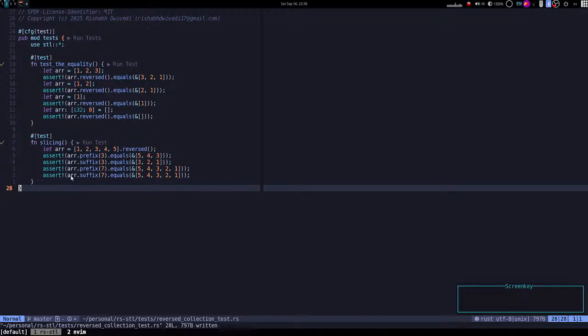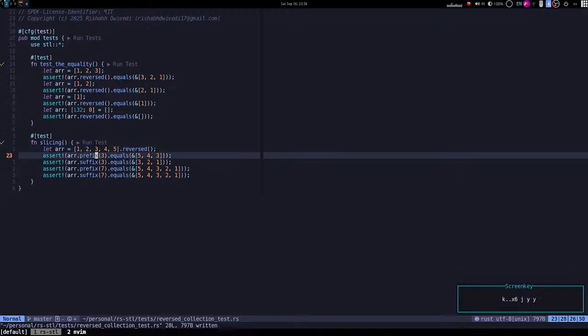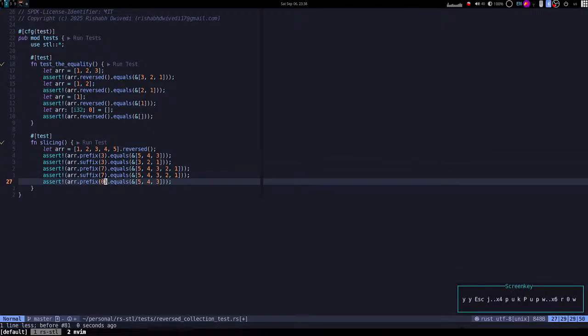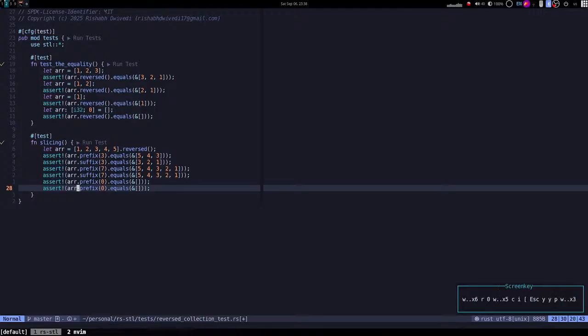Are there any more tests I should do? So like prefix 0 and suffix 0? What do you think? Something like this? I think that's fine. It should work. Yeah, what's next?